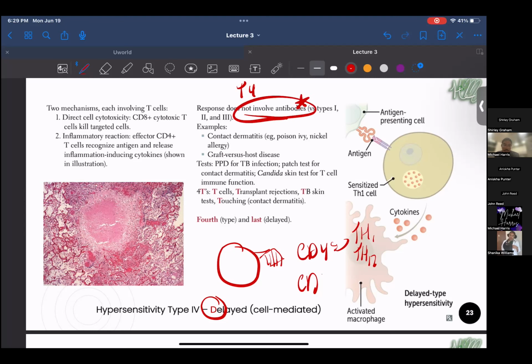Okay? Now, an example of this is something like poison ivy. So if you've ever gotten poison ivy or any nickel metal allergy, you get exposed to it one day. Hours, or even a day or two later, you present with a rash in that area. And then you may end up finding more spots popping up later because essentially what happened is you were exposed to the oil.